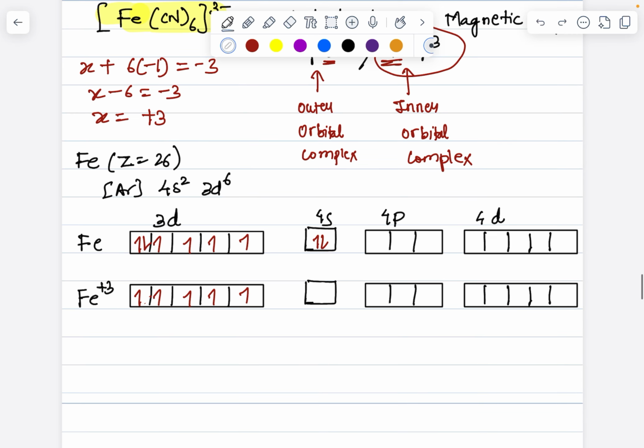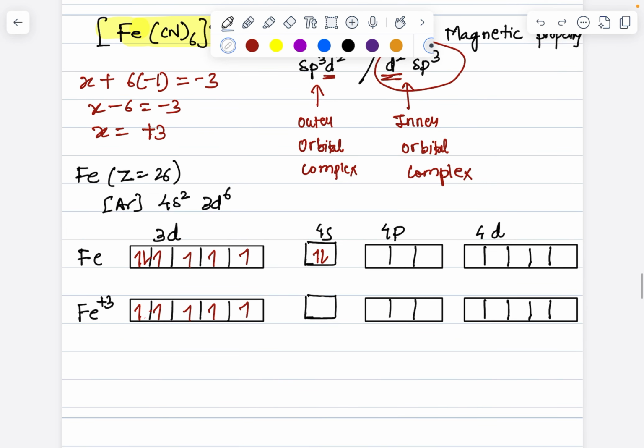So now if you see CN6, what is CN? CN is a strong field ligand. If you refer to the spectrochemical series, CN is a strong field ligand. Since CN is a strong field ligand, the pairing will take place. So in [Fe(CN)6]3- the pairing is going to take place.